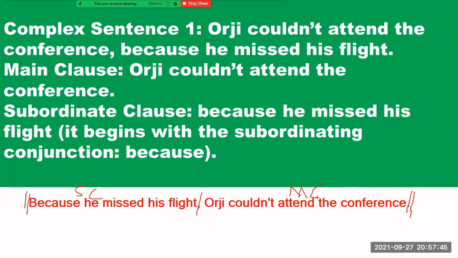We have restructured the sentence, and then the subordinate clause comes first, and the main clause follows. Unlike the first one, where we had Oji couldn't attend the conference because he missed his flight. So in this one, we had the main clause coming first, and the subordinate clause following it. All right. So you can change the structure, yet it conveys the same meaning.